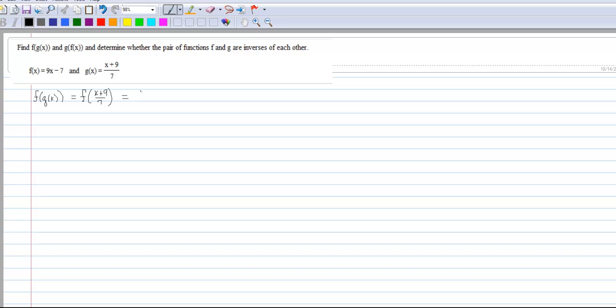So I will now use the actual f function and put in the x plus 9 over 7 in the function. Now let's evaluate by first distributing.